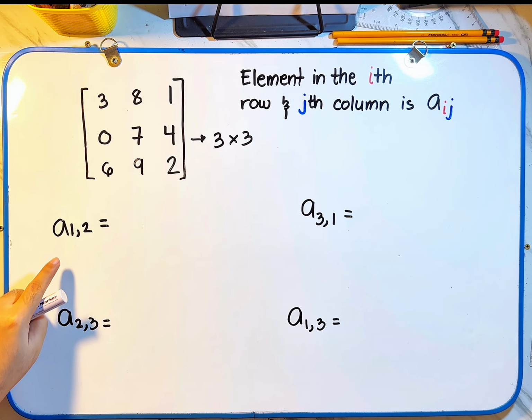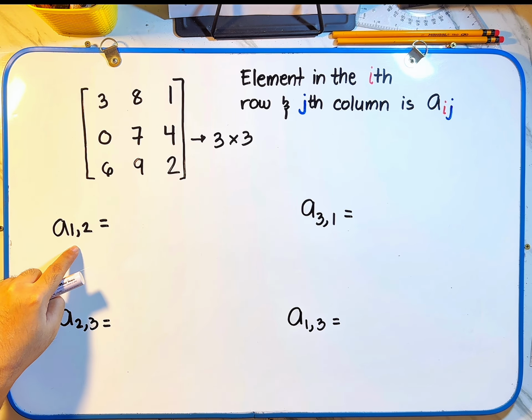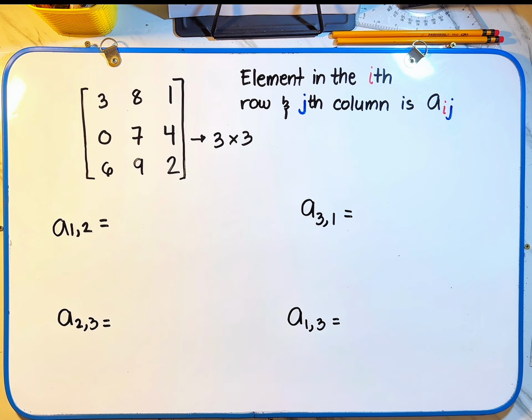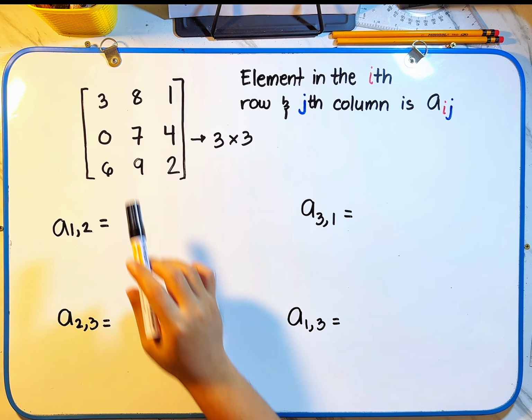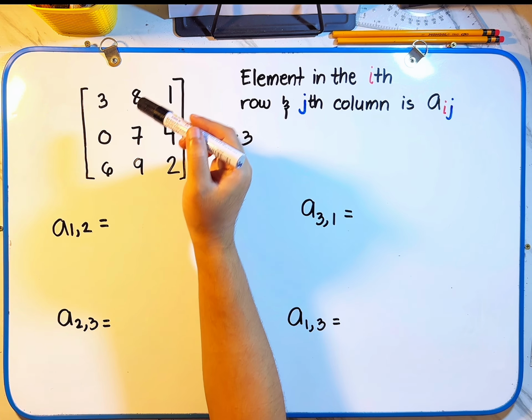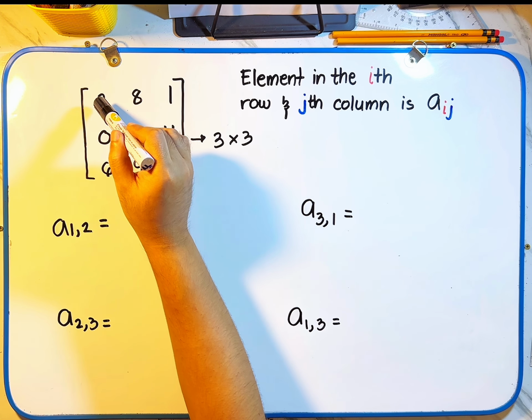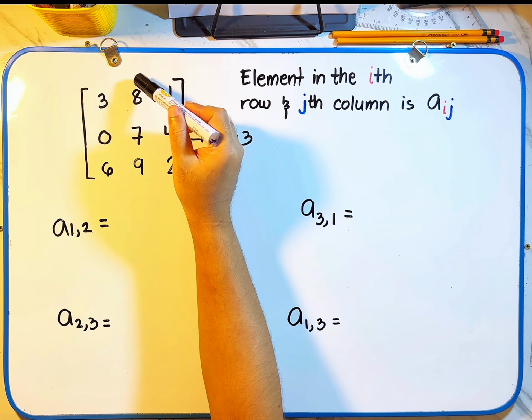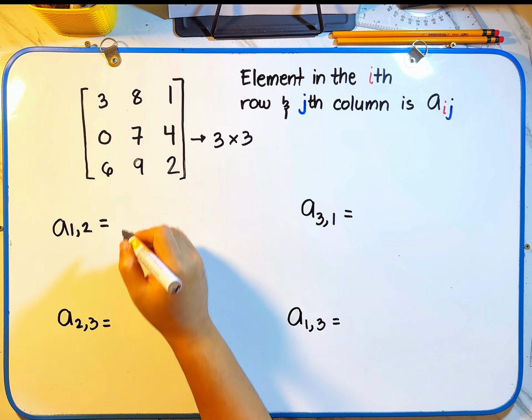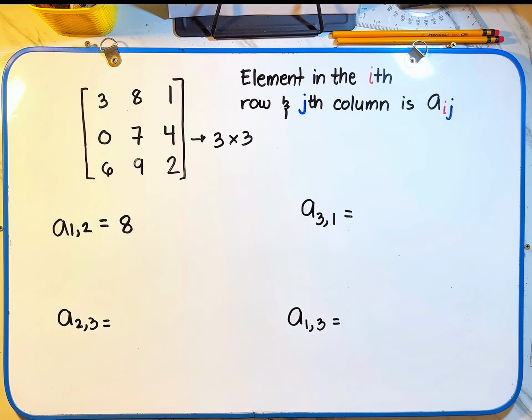And let's say we have to find the element in the first row, second column. A sub 1 and 2. So this is the first row of the matrix, while this is the second column. So it seems like they're intersecting at this value, which is 8. Therefore, the element is 8.